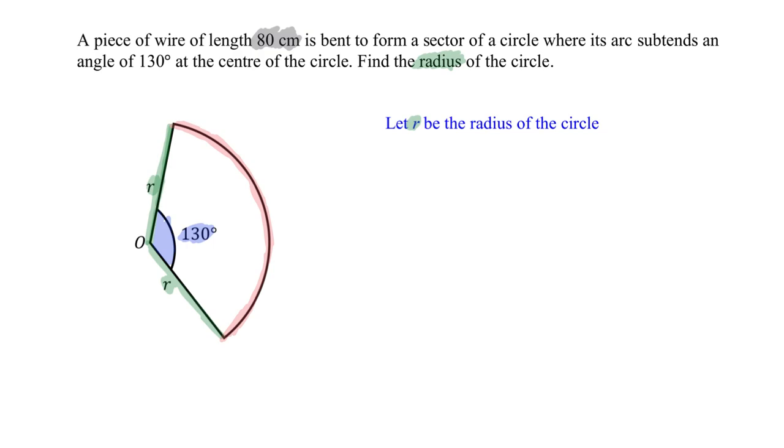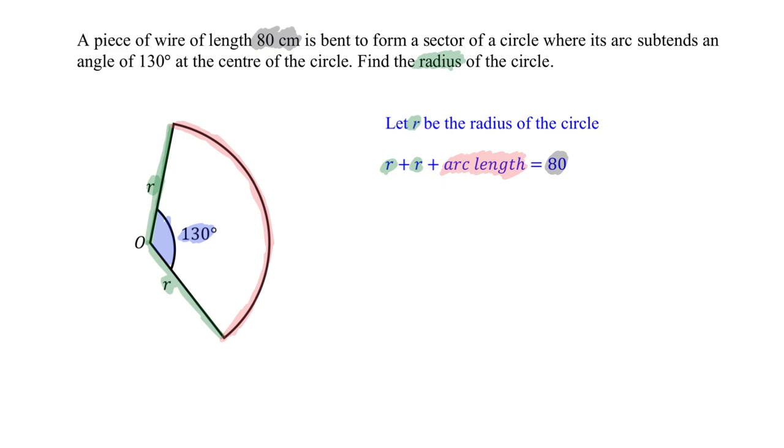That's why you will see this set of working. We have my r and my r, and I also need to find this arc length so that together they equal 80.